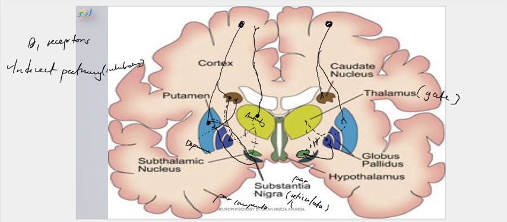So this will mean one thing: because of the inhibitory signals emanating from the globus pallidus internus and the substantia nigra, the thalamus activity will reduce. So its normal excitatory action to the primary cortex will reduce.